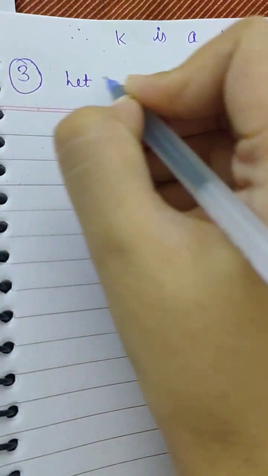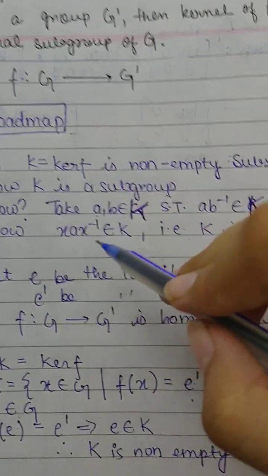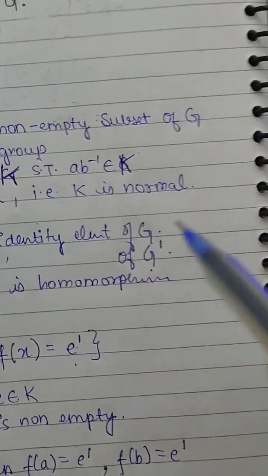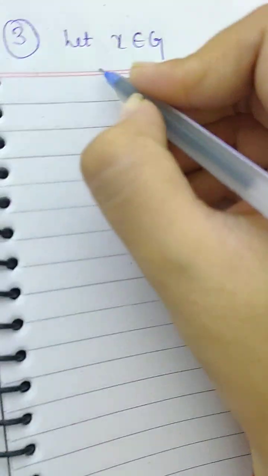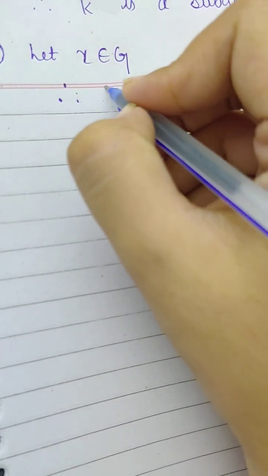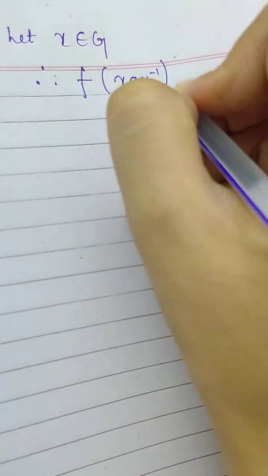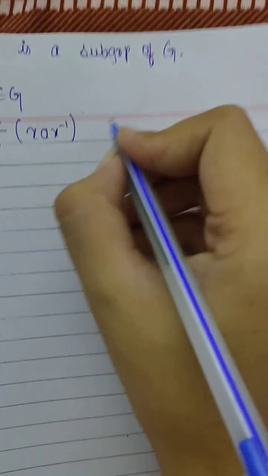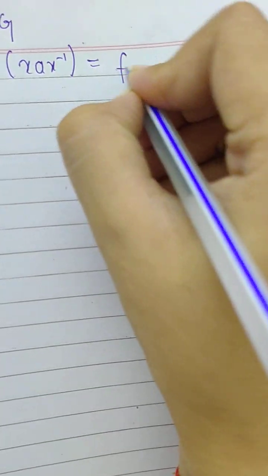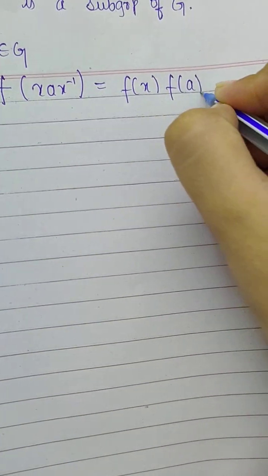So let x belong to G. You remember what you need to show. Again we consider f of x a x inverse, very simply writing it down with the help of homomorphism.